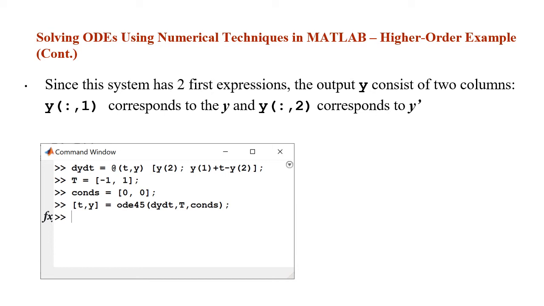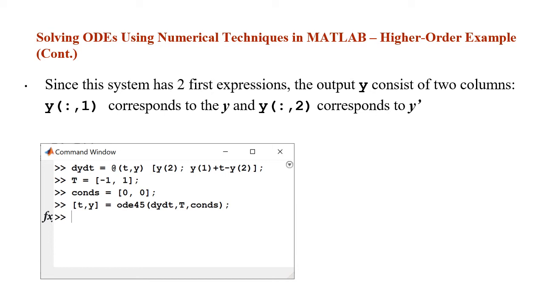That means the solution y that we're going to obtain from ode45 will have two columns, such that the first column corresponds to the solution y, and the second column, which we can extract using the notation y(:,2), meaning regardless of the row number, I want the second column. The second column in y corresponds to y prime.